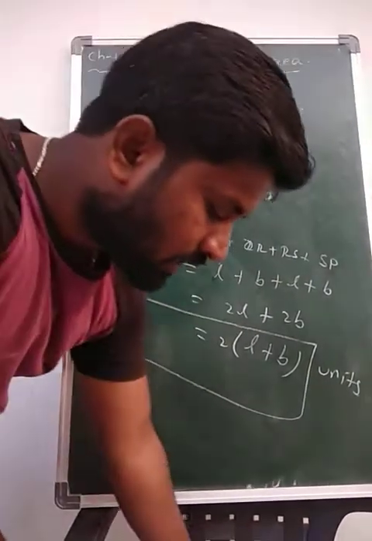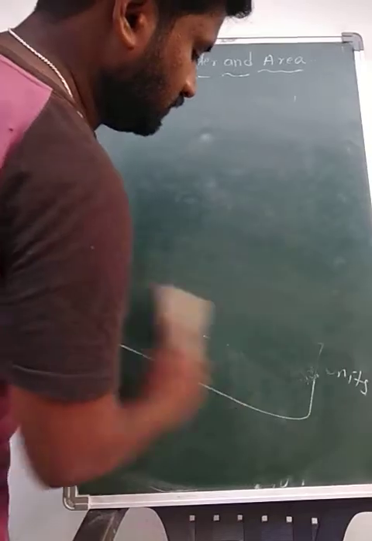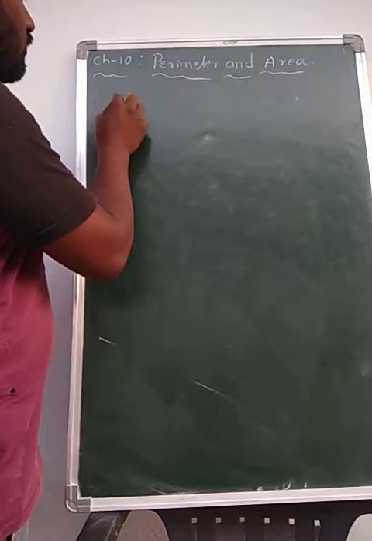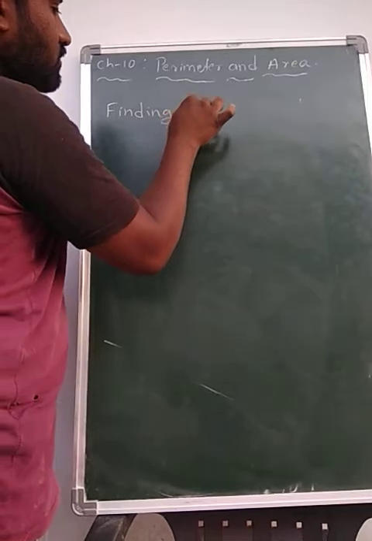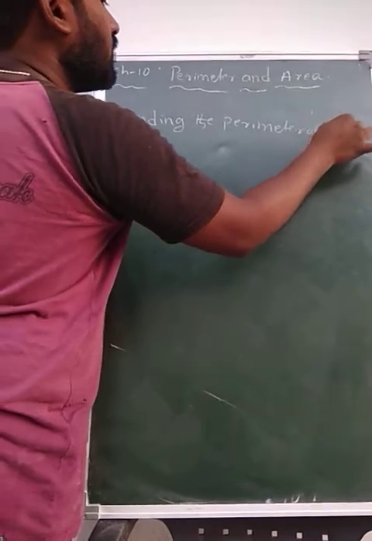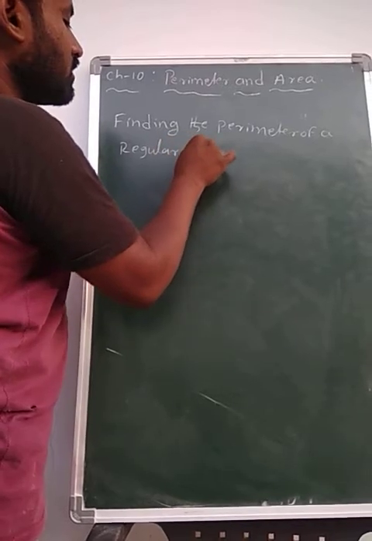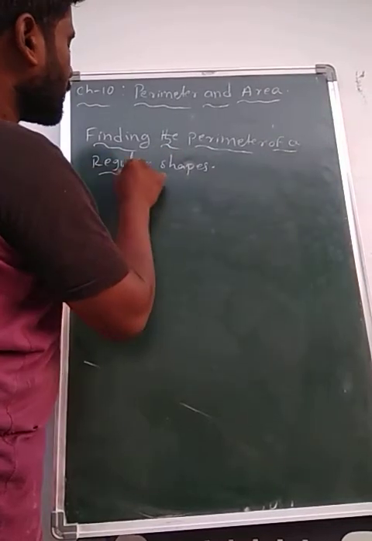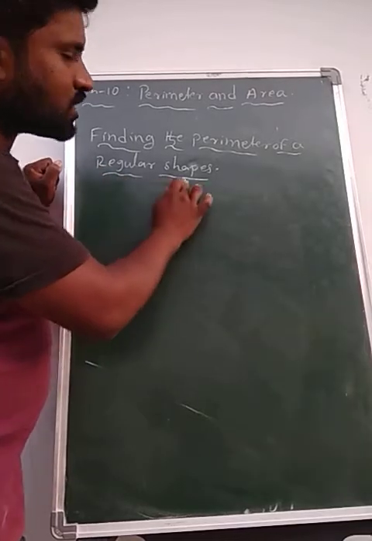Now the next topic is finding the perimeter of regular shapes. Students, do we know what is meant by regular shapes?